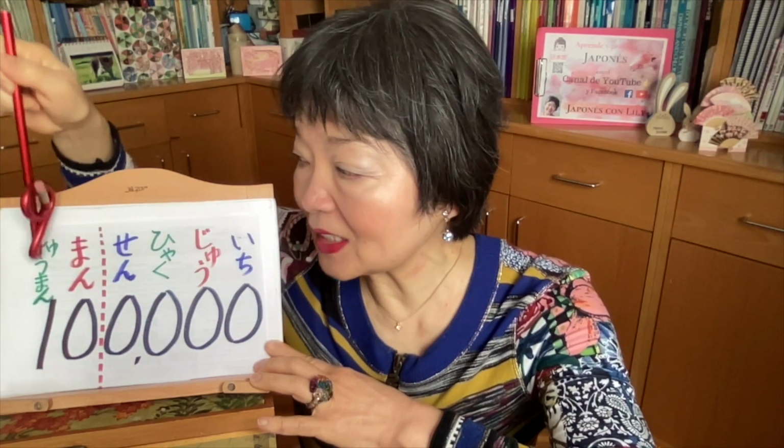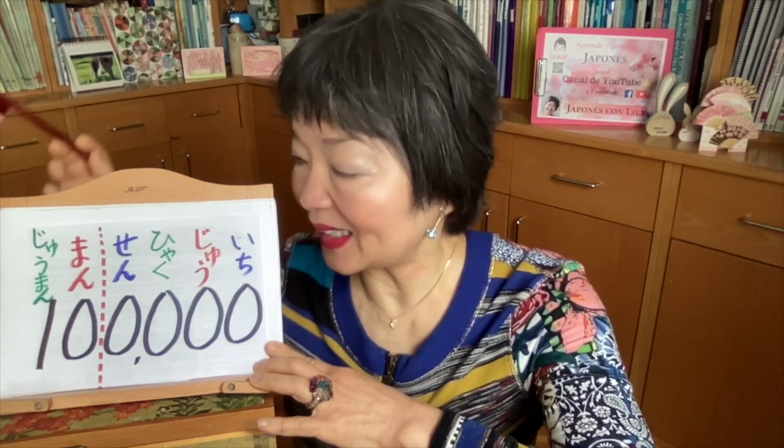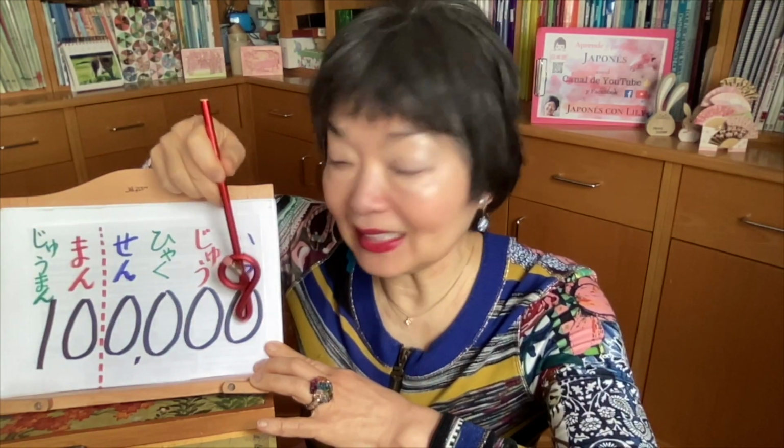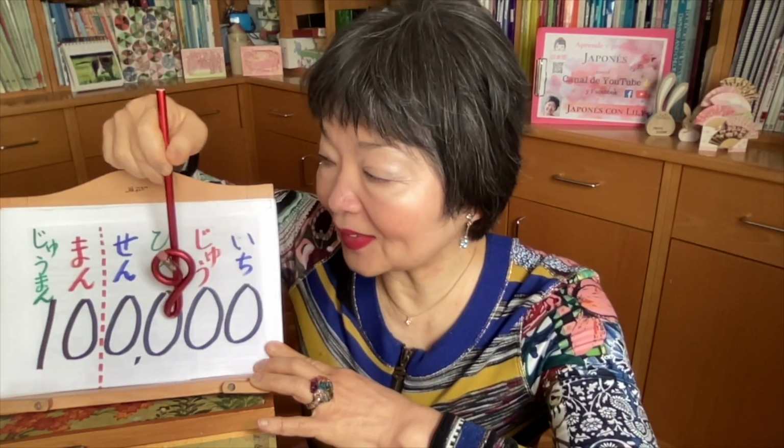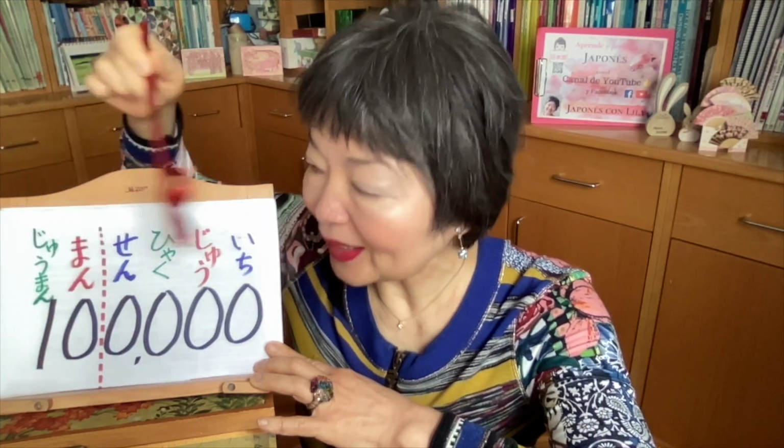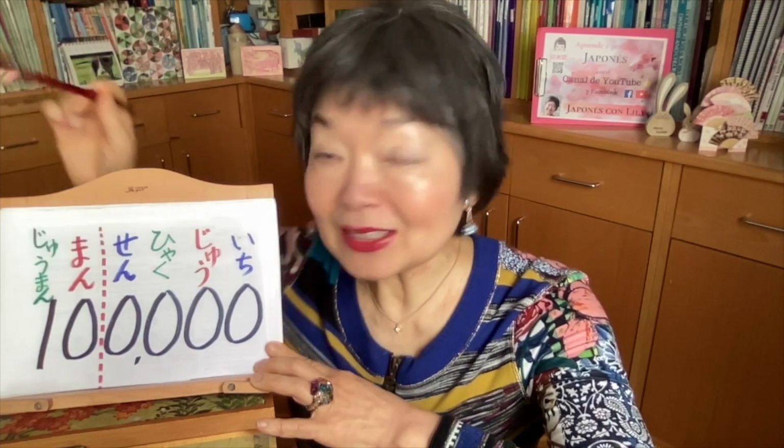It's quite complicated. 1, 10, 100, 1000, 万, 10万. Here this is 10万, 100,000. It's a little bit complicated.